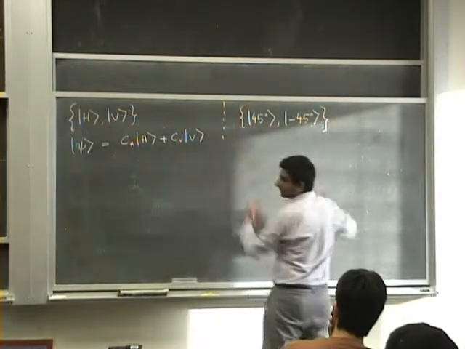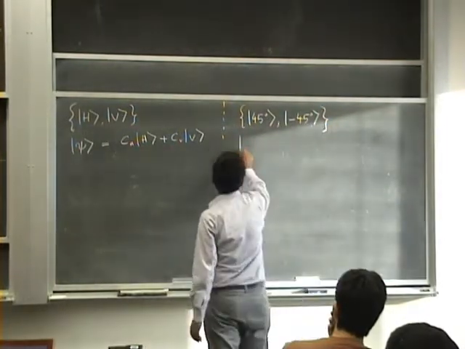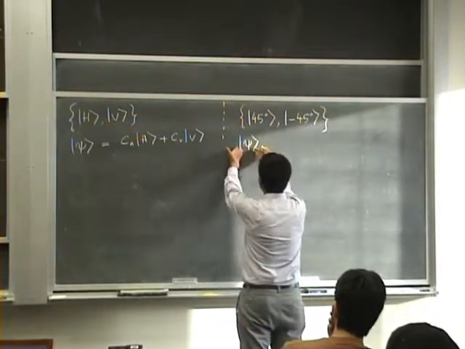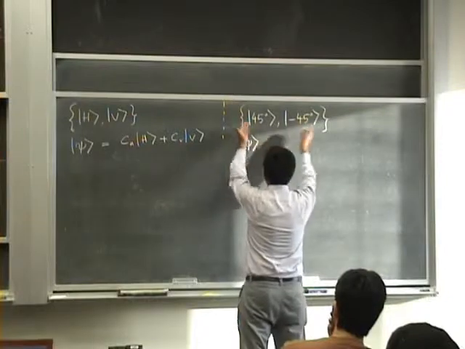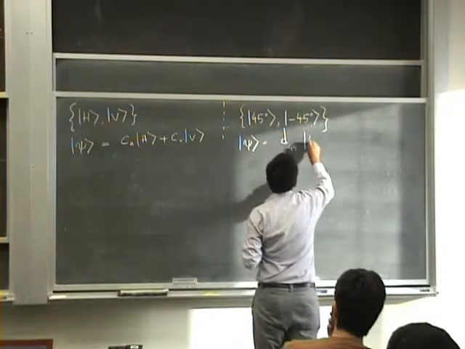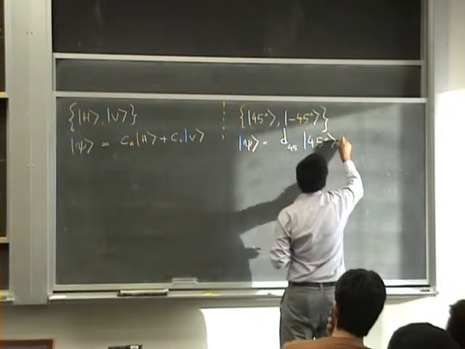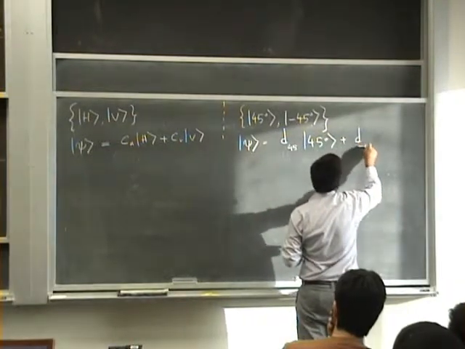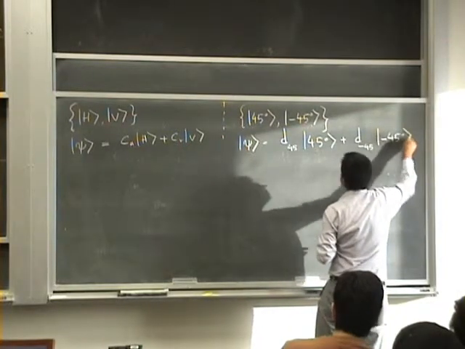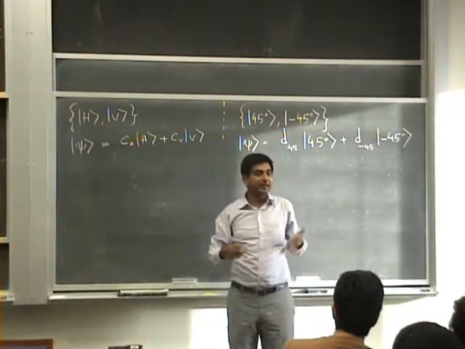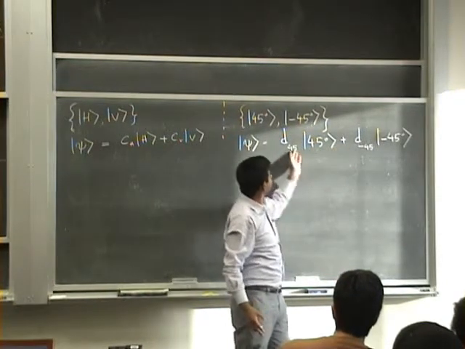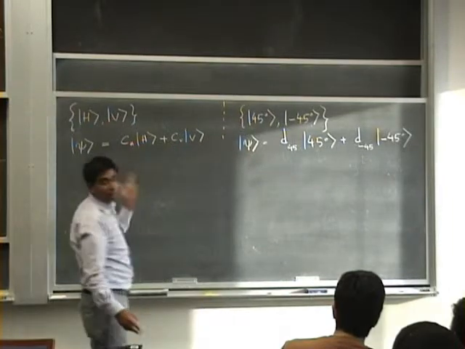This is another basis. So I am completely liberal in choosing to decompose this state in this basis. So I can write D45 ket 45 plus D minus 45 ket minus 45. So now there are different ways in which I can decompose a state. Only that these coefficients will change. This coefficient will not be the same as this coefficient.